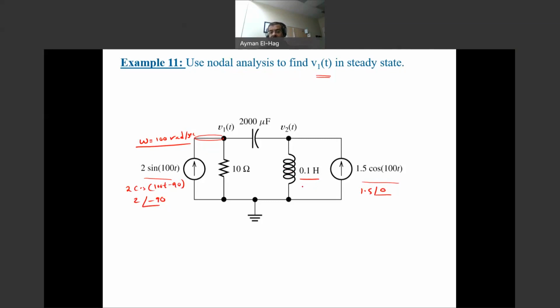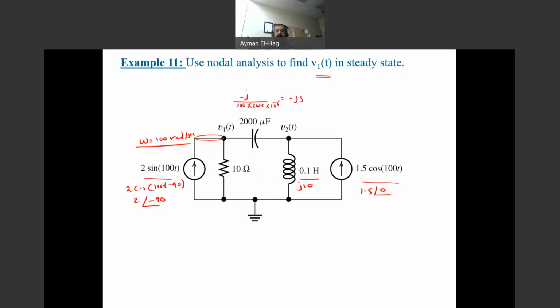Omega is 100, so this becomes j100 times 0.1, which is j10. And finally the capacitor here is equal to -j/ωC, which is 100 times 2000 times 10^-6, and this is -j5.